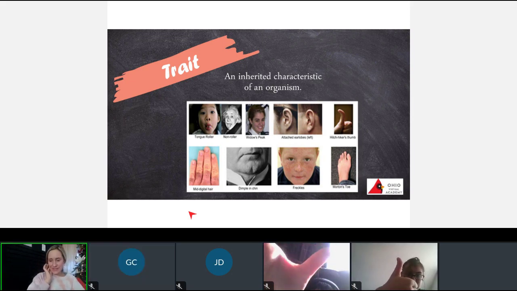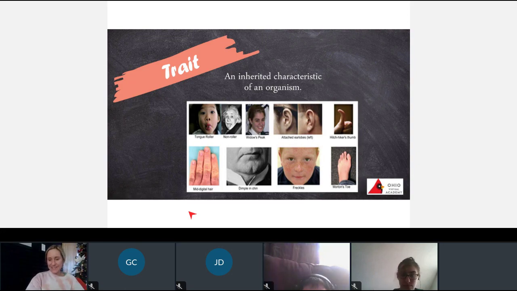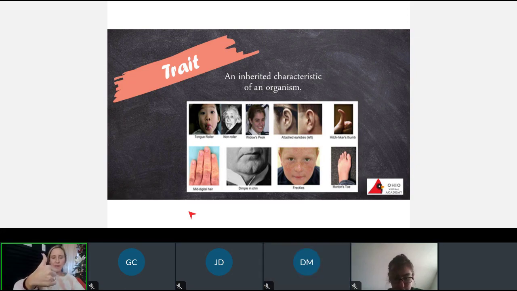What about freckles? Like if you give a thumbs up, it just stays pointing back like that. Does anybody have freckles? I have freckles. What about a dimple in your chin? Little dimple right here. Anybody have that?